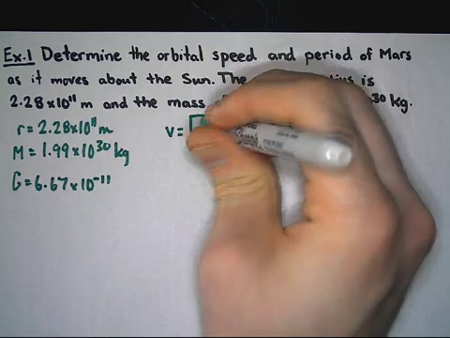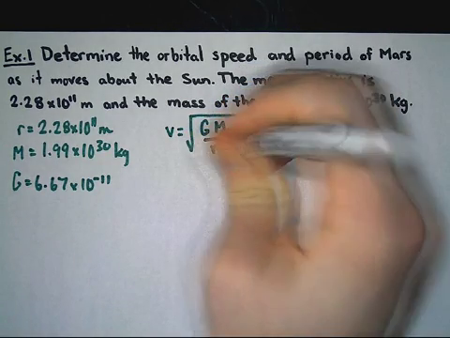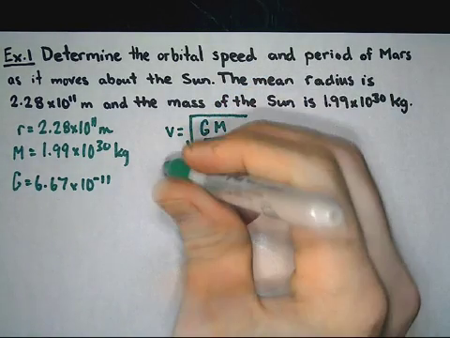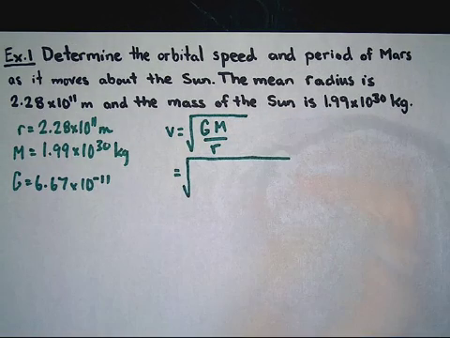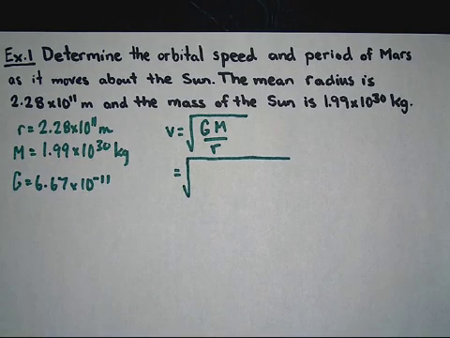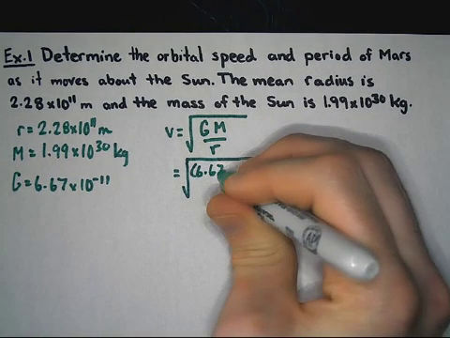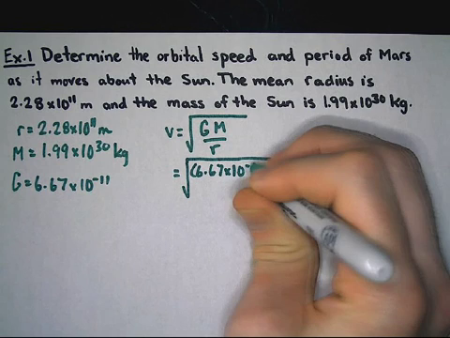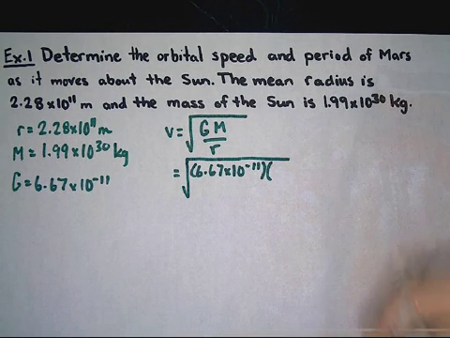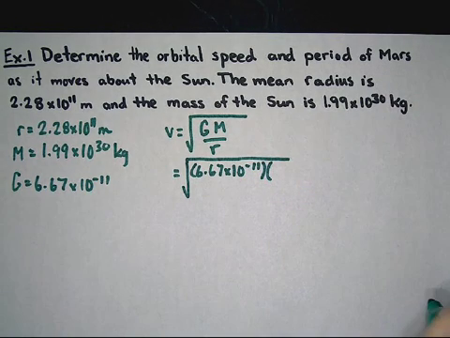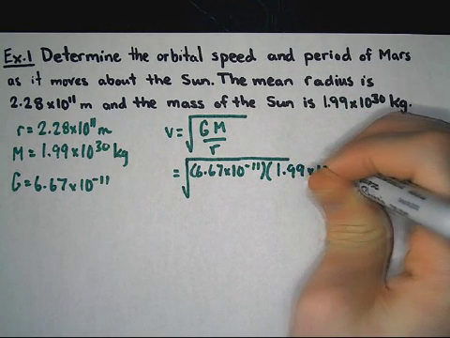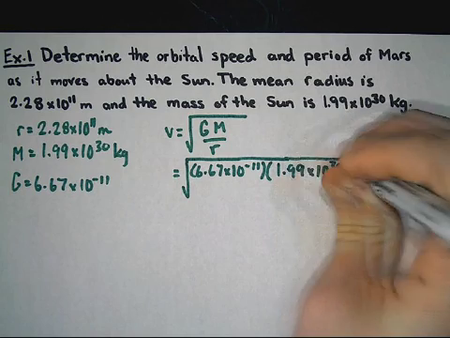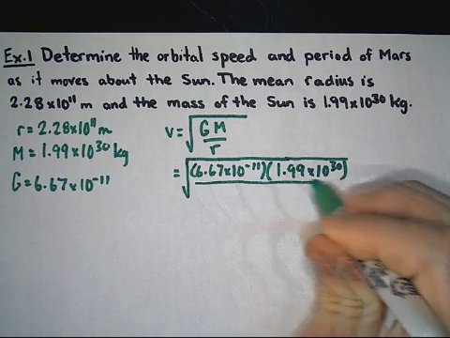I have my 1.99 times 10 to the 30. All of that will be divided by my radius r of 2.28 times 10 to the 11. And that gives us an orbital speed of 24,128.04. So therefore, to correct significant digits, 2.41 times 10 to the 4 meters per second.